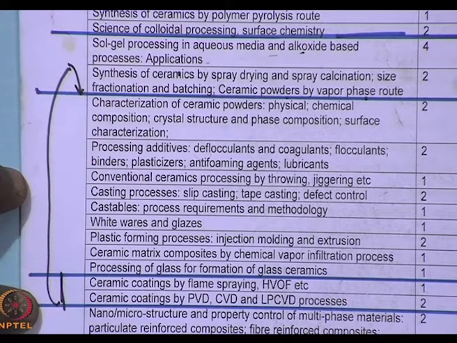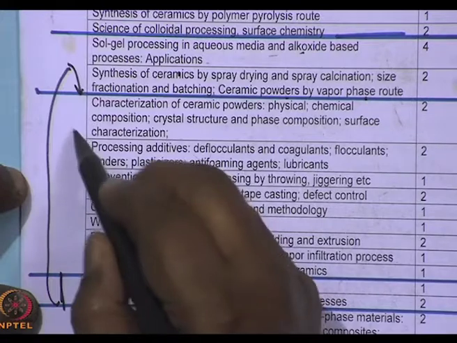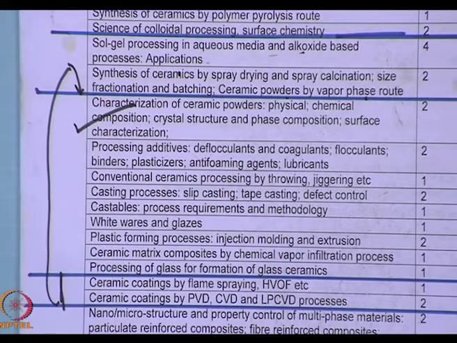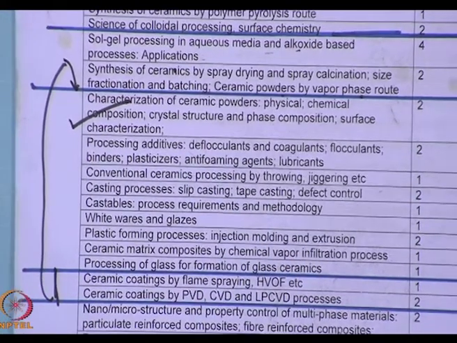And hence, in the final analysis, by the end of the lecture, you will see there are some rearrangements. But so be it. Today, I shall start off with characterization of ceramic powders in all ways.